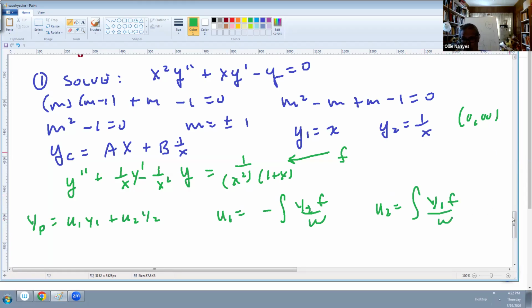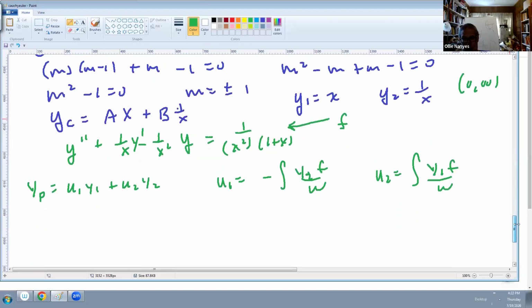So we have to do the Wronskian of our two linearly independent solutions to the complementary solution. So the Wronskian is a determinant, and we have x, 1 over x. The derivative of x is 1. That's minus 1 over x squared.